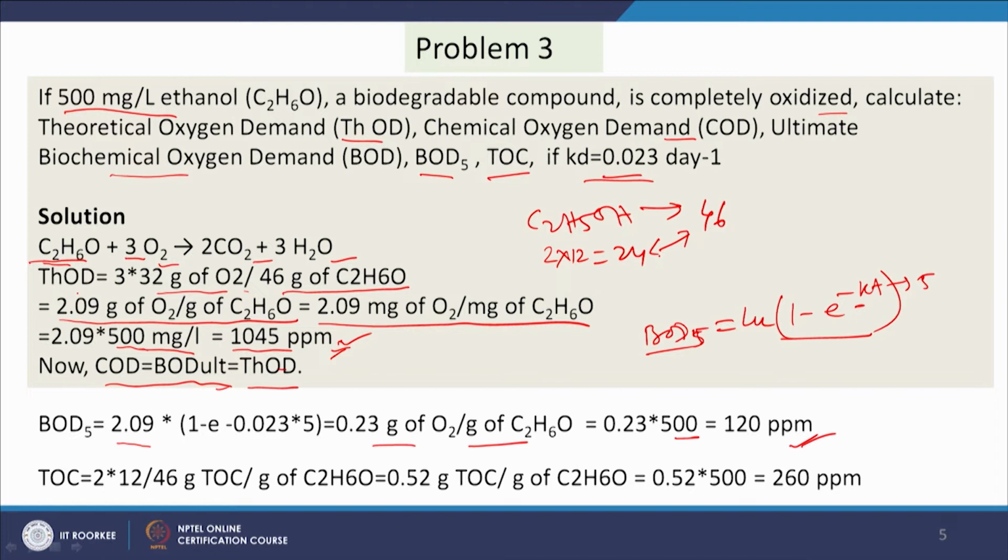Total organic carbon is 2 into 12 divided by 46 gram of TOC per gram of C2H5OH. So, we get 0.52 gram of TOC per gram of C2H5OH, and that is 0.52 into 500, because we have 500 mg per liter. So, that is equal to 260 ppm. Now we are able to calculate all the values as asked in the problem statement.